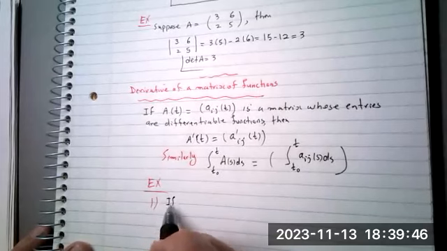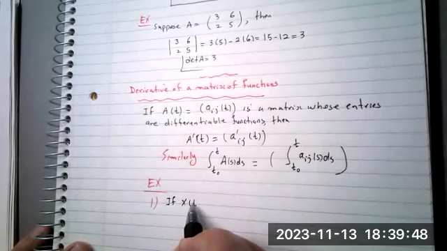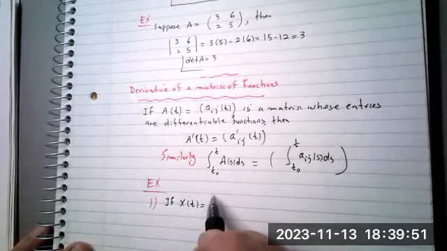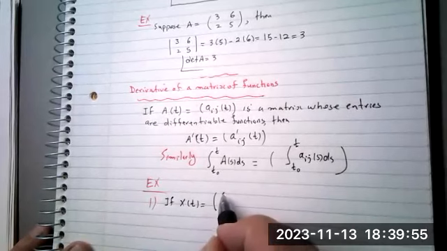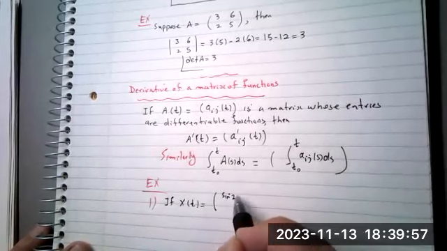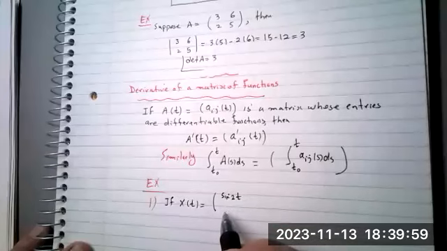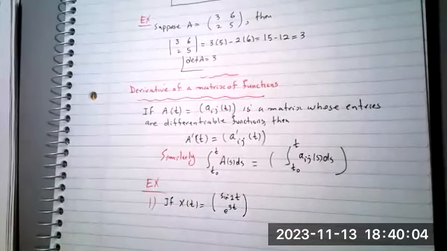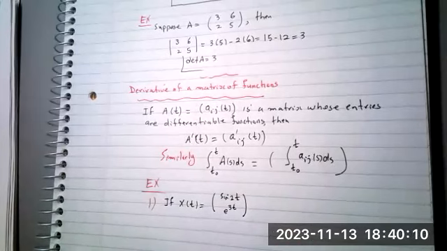So x of t is going to be a column vector. The first row is going to be sine of 2t, and the second one is e to the 3t. This is solution of a differential equation, and you want to check it. So we have to differentiate it.